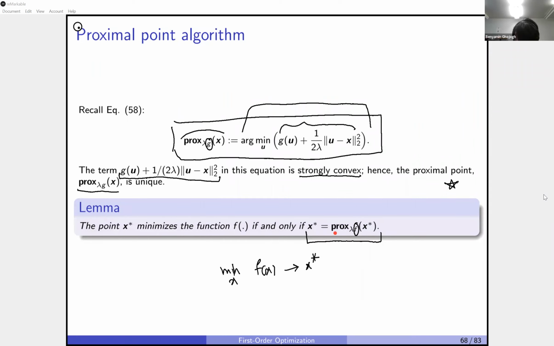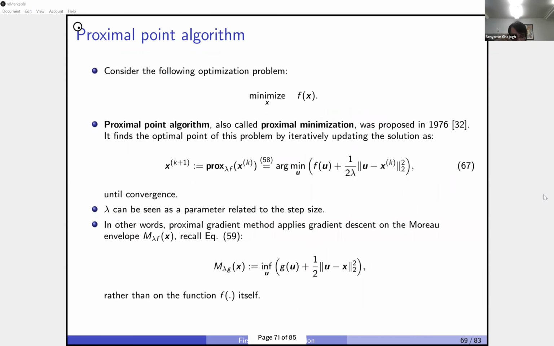If x star equals the proximal mapping of lambda f at x star, it's if and only if. So if this is true, then x star minimizes f also. The other way around: if x star minimizes f, then this is true. Okay, that's another thing. Now, this lemma is used in an algorithm named the proximal point algorithm.